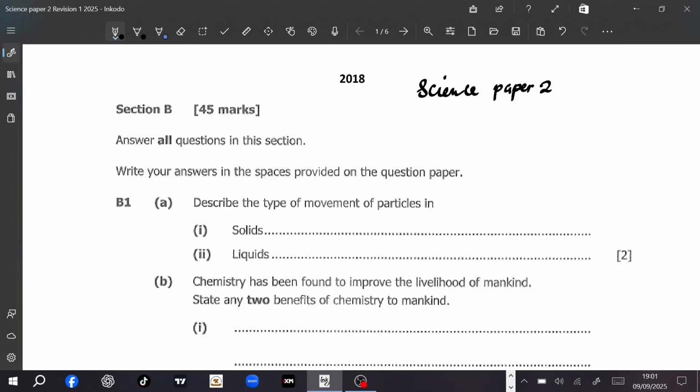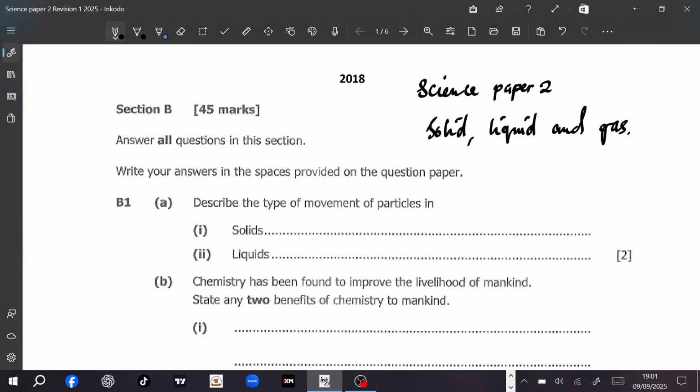So we know solids as one of the states of matter. We have 3 states of matter: solid, liquid, and what? And the gas. Now, what makes these 3 states of matter different is the way particles behave in each of these states.